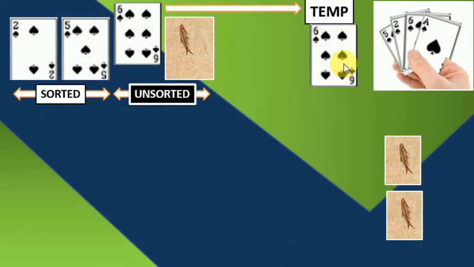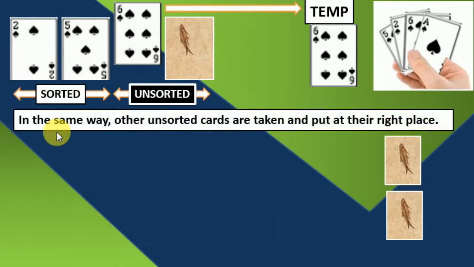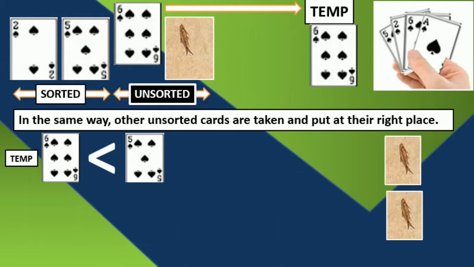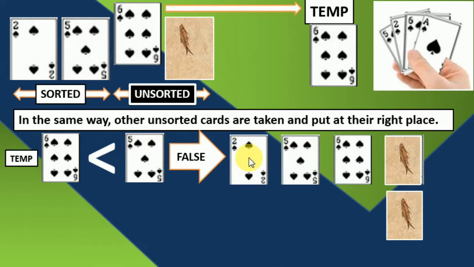Now this card is compared with all the numbers in the sorted list towards the left side. First, 6 is compared with 5. What is the condition? Is 6 less than 5? True or false? This time it is false. In this case, the position of the cards remains the same; 5 stays in the same place. There are no changes in the positions.